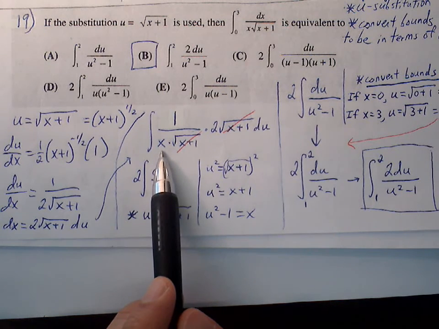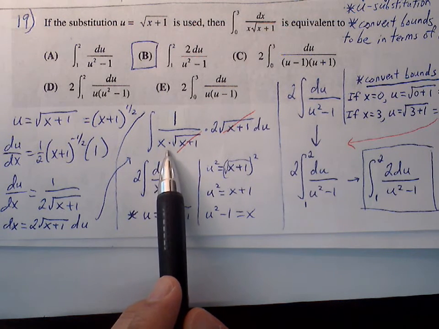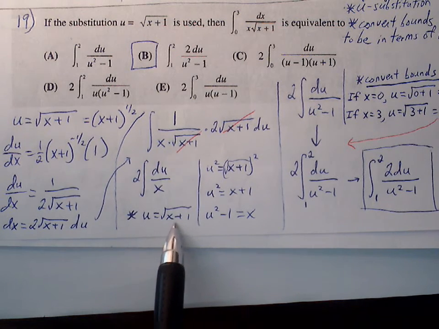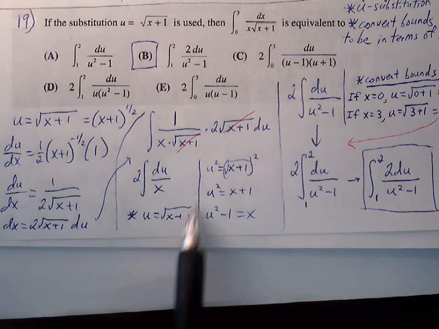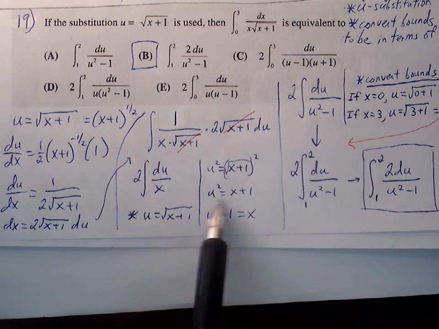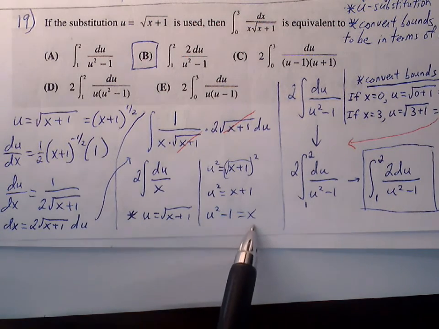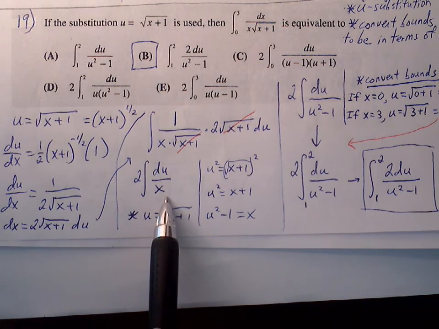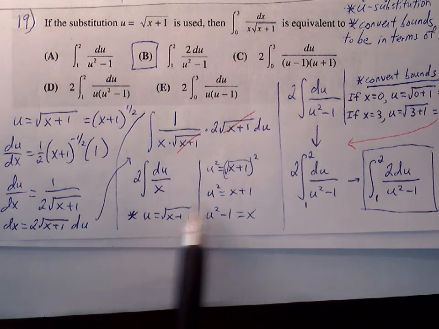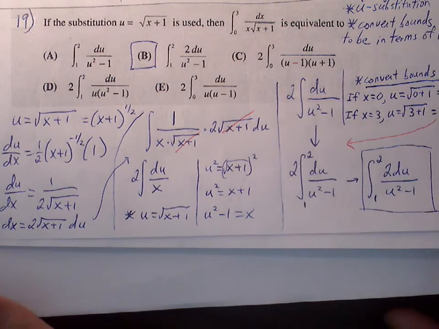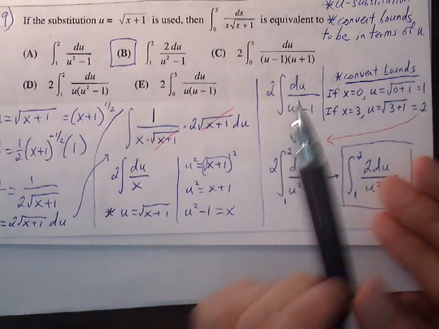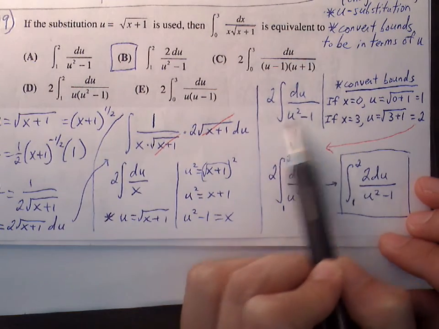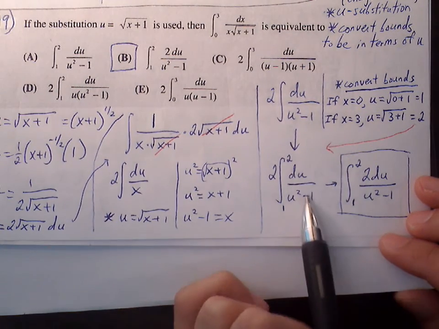But that x is not going to go away initially, so we're going to have to go through another substitution here. We let the u value be square root of x plus 1. We square both sides. We get u squared equals x plus 1, and we get x equals u squared minus 1. We make that substitute back in. So now we have du over u squared minus 1. This is not something that we can easily solve, so we'll leave it in that form.